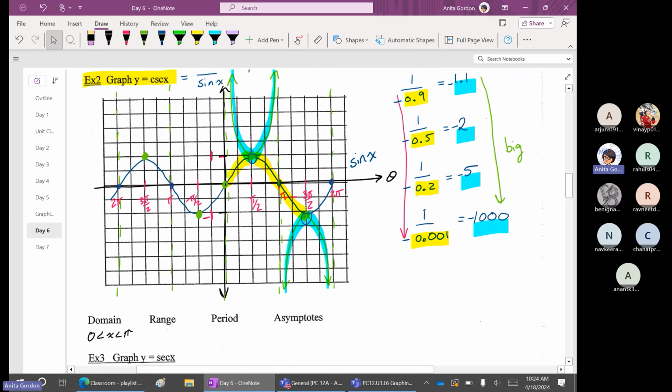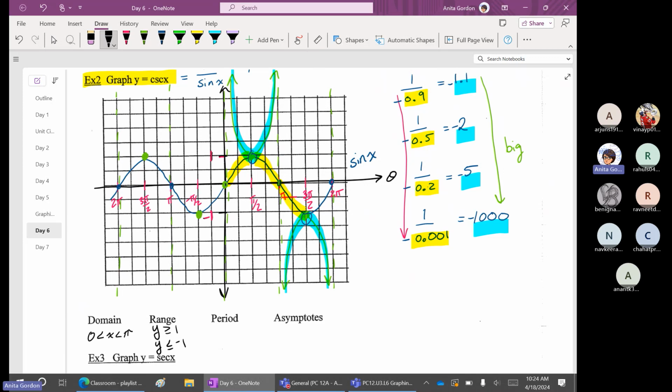We're focused on the blue highlighted graph. What is the range of the blue highlighted graph? Yeah, it has to be greater than or equal to 1 because it could be 1. That's the top half, how do I write the bottom half? Or less than or equal to negative 1.